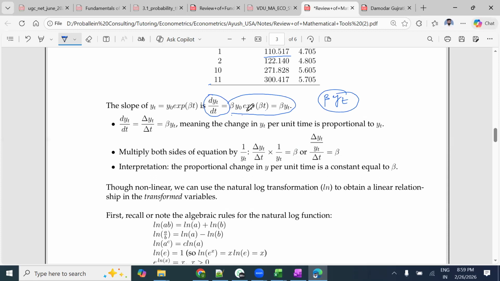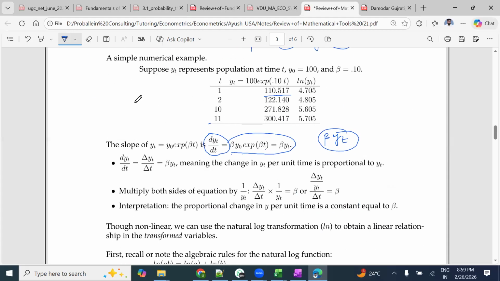No, let me first tell you what is written over here. Bhakti ma'am, if yt is written as y naught into e to the power beta t, you are asked to calculate dyt by dt.